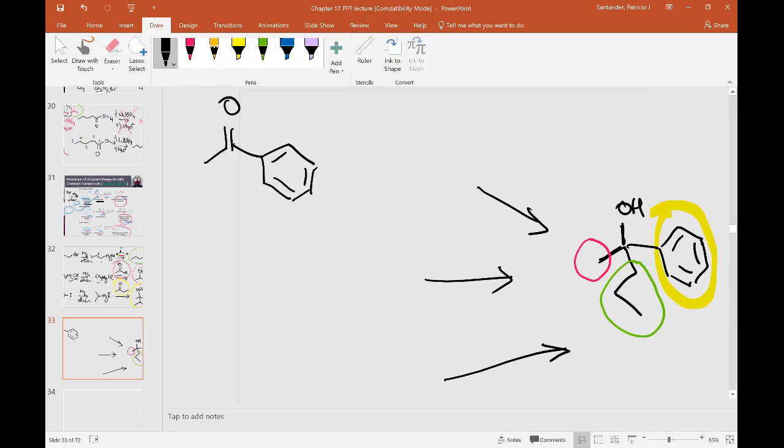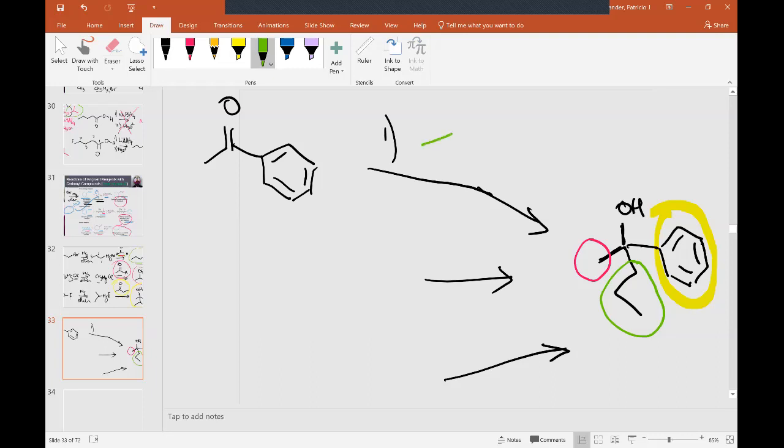The methyl group that is in red and the phenyl that is in yellow. So that means that the newcomer will be the propyl group, right? So if that is going to be the newcomer, that means that my step number one should be the Grignard reagent containing the propyl, so it will be 2, 3 carbon atoms, MgBr, and then step number 2, as usual, H3O plus. So that would be one possibility.